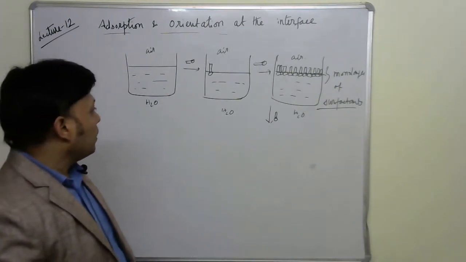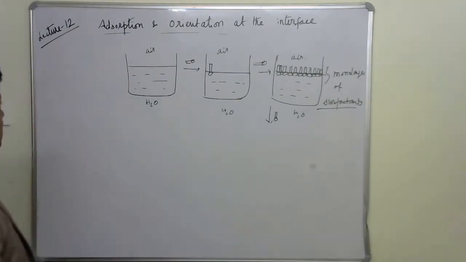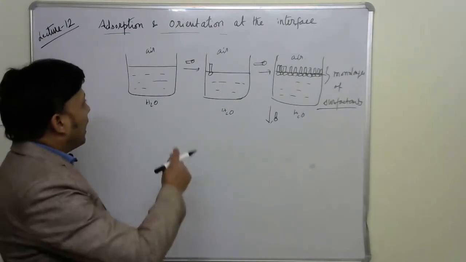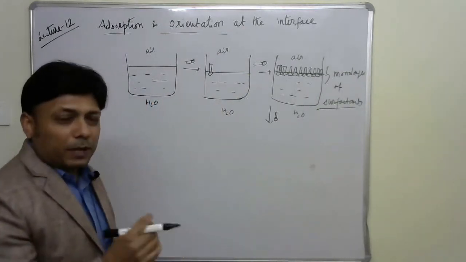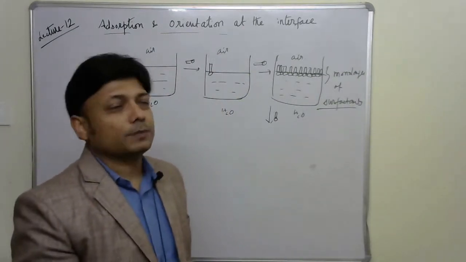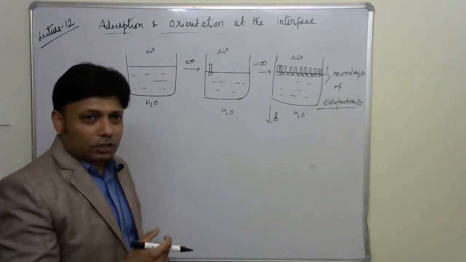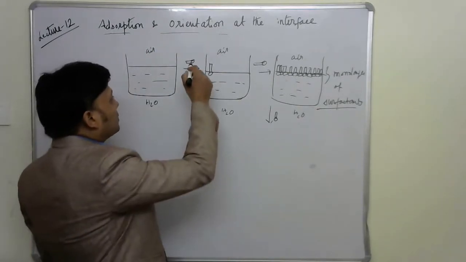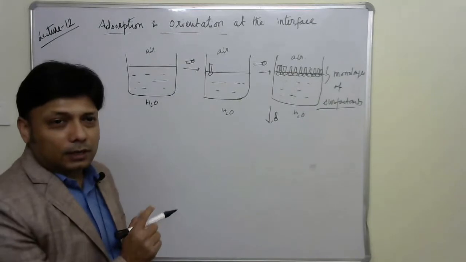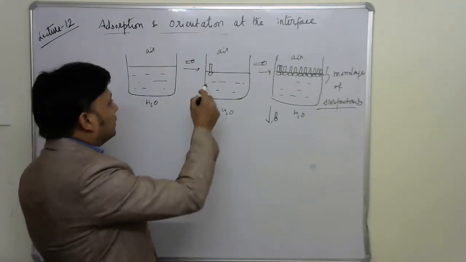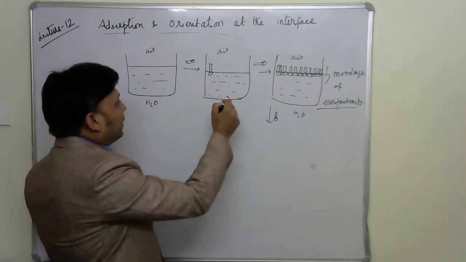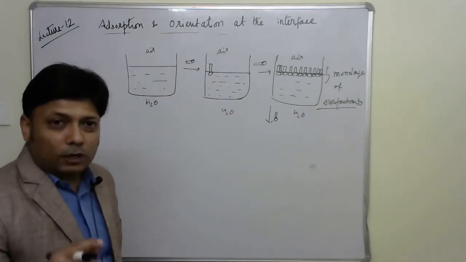Before that, we would like to tell you that if we add those surfactant molecules and try to study some basic physical properties, for example surface tension, and if the surfactant molecule is ionic like SDS, anionic, then the surfactant may behave as a usual electrolyte molecule.